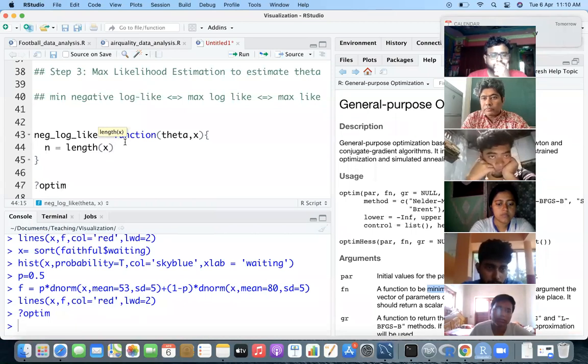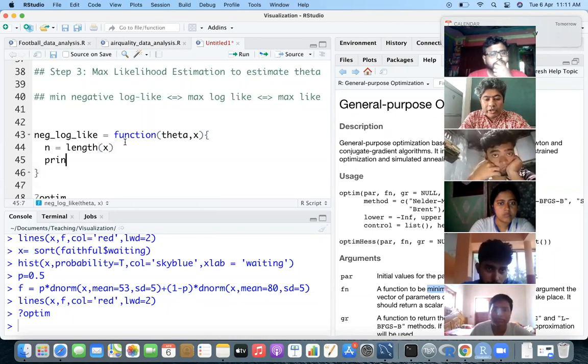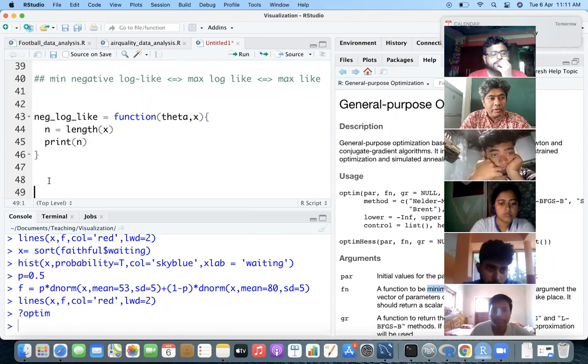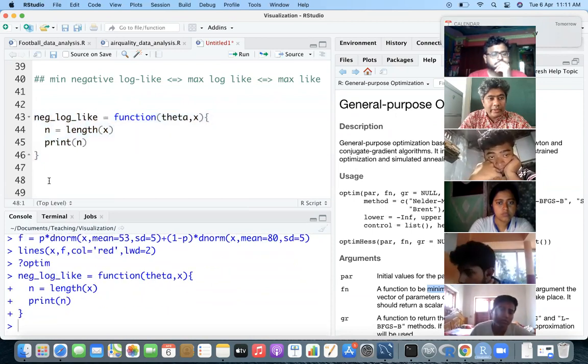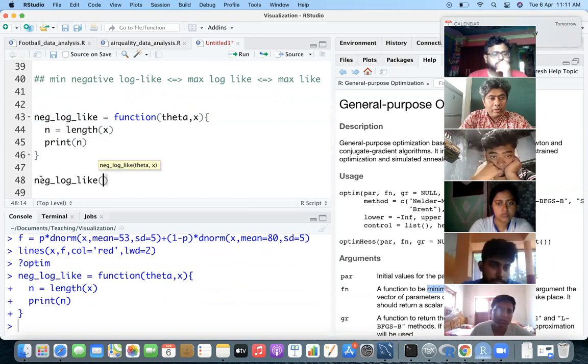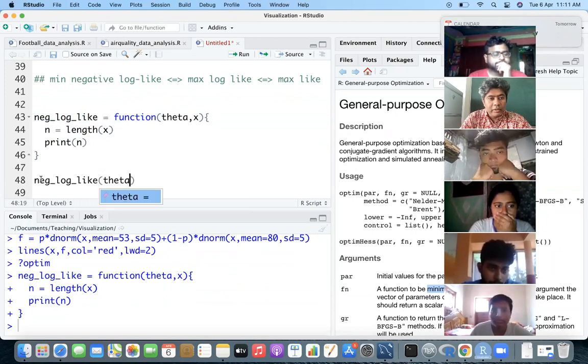X. Okay, and print n. So the first thing I will do is run it, compile it, negative log likelihood, and say theta. So I have to give something.